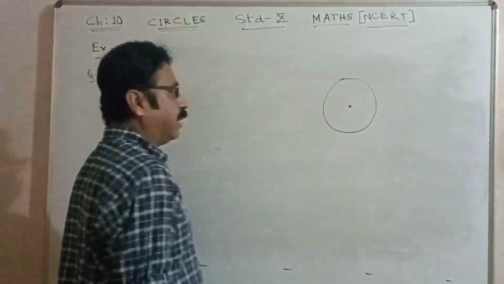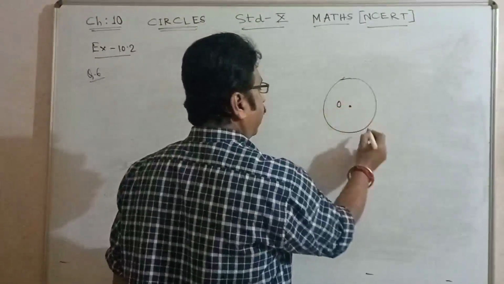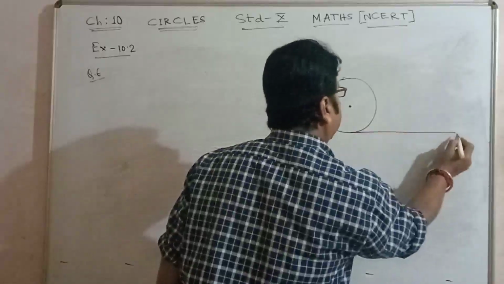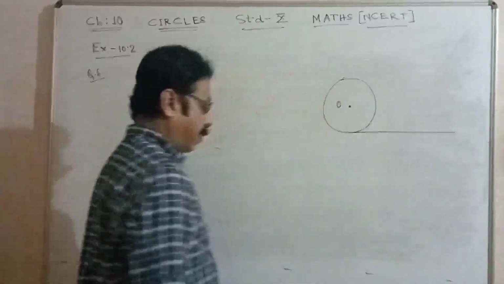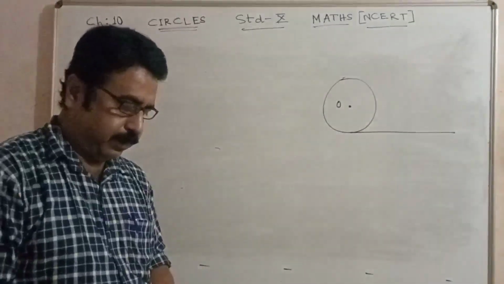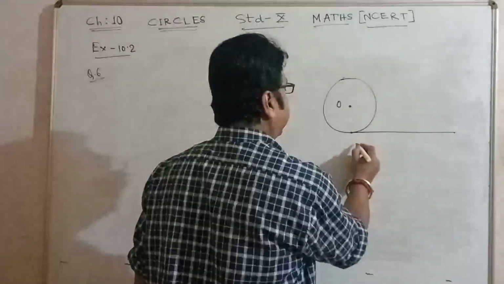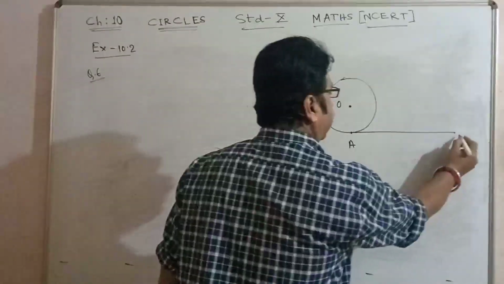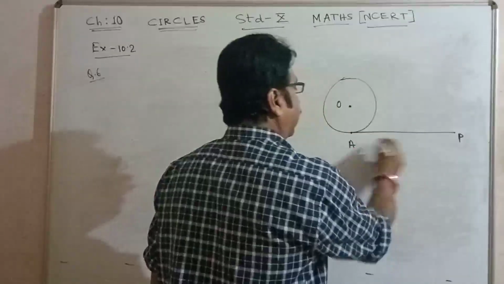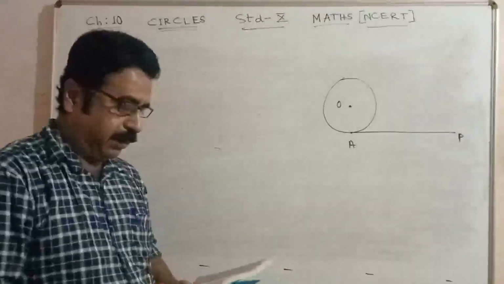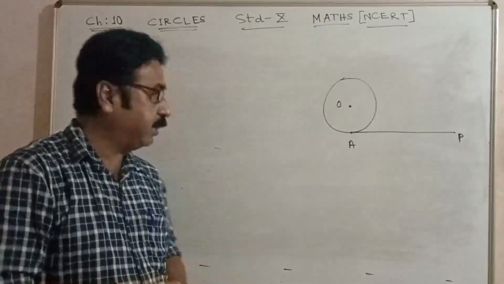Suppose this is the circle with center O and this is the tangent. Name is not given, give any name. Suppose it is the point P. The length of the tangent is given how much? 4 cm.